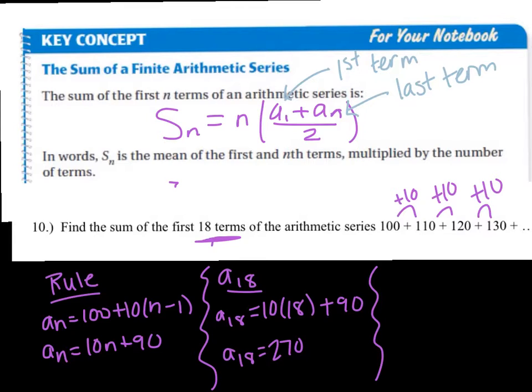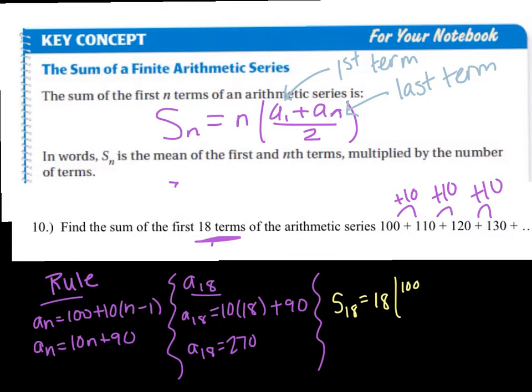So we'll just write this as S sub 18 equals, okay, we want 18 terms, so 18 times the sum of your first term, which is 100, plus your 18th term, which would be 270, divided by 2.